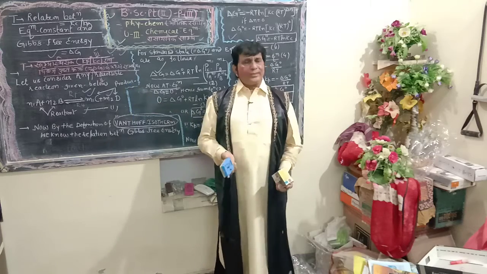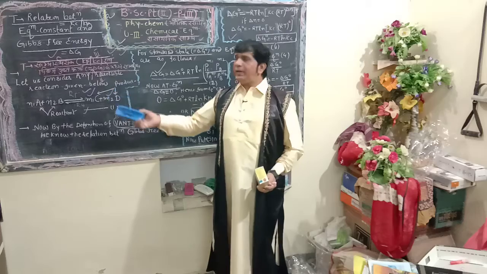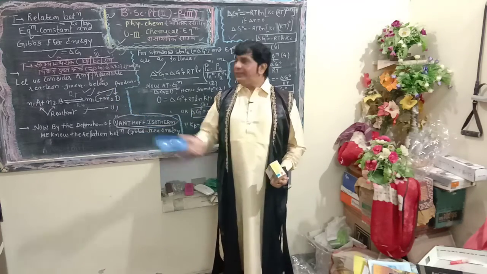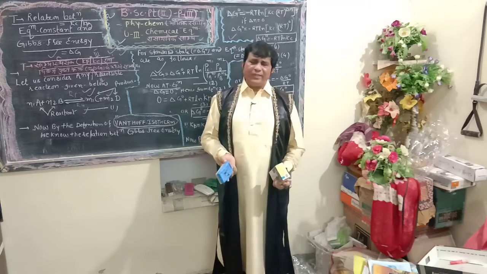Dear students, in order to distinguish between Kp and Kc, in our previous lecture we distinguished that Kc is the equilibrium constant when the reactants and products are in liquid and solid phase also.